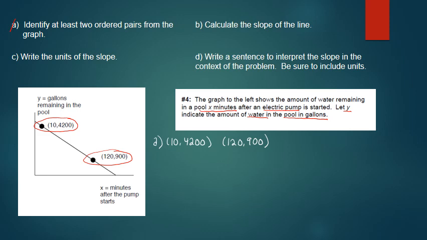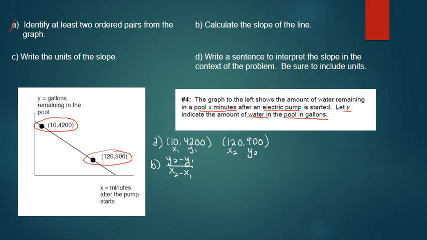Now I need to move to part B, which says calculate the slope of the line. So I know that I need to write out my slope equation, y2 minus y1 over x2 minus x1. I am also going to label my points. Okay, and now I'm going to put those values into the slope equation that I wrote.